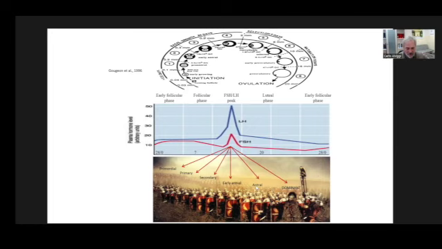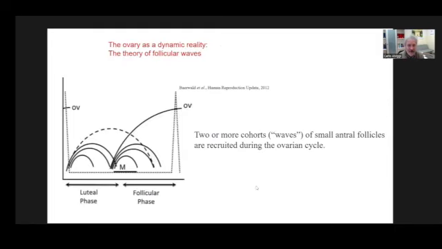So we have these waves of follicles at different stages of maturation moving in a harmonic way. This is just a hypothesis. There are also other hypotheses, but I think that at the moment, this is the most validated.